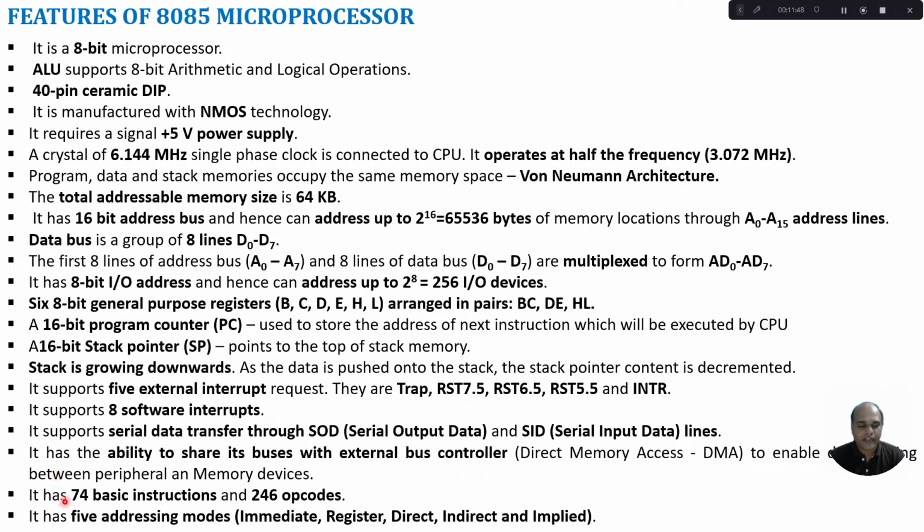And the 8085 microprocessor has 74 basic instructions with 246 opcodes, and it also supports 5 addressing modes. Addressing modes describe how the data will be accessed by the CPU during instruction execution. So there are 5 modes.